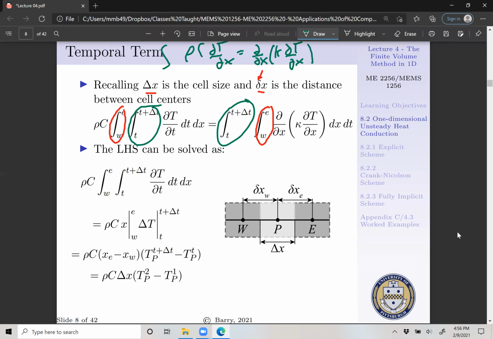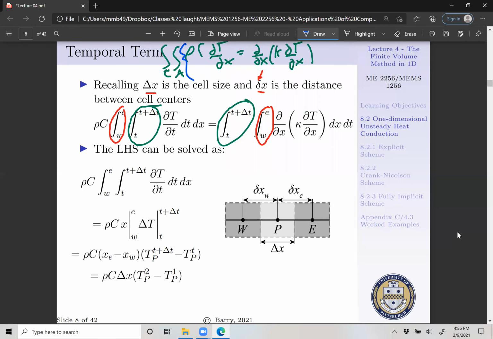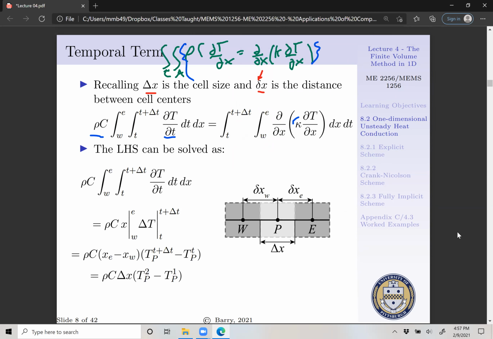We want to integrate over time, and we want to integrate over area of the entirety of this equation. So rho and c are constants. We're going to pull those outside the integral. So we'd have the integral of partial T partial t, and we're integrating over time and area. On the right-hand side, currently the only constant we'd have would be kappa, and we could essentially pull that out, but leave it in there right now.